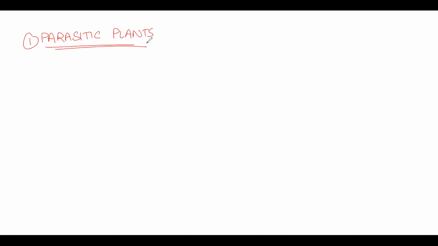Parasitic plants are those plants which live on some other plant. Like those yellow plants I was telling you about, they live on other plants and rely on them for their nutrition. I'll draw it for you.